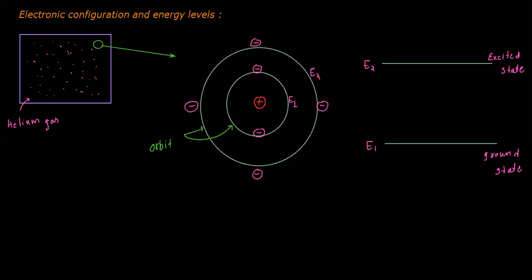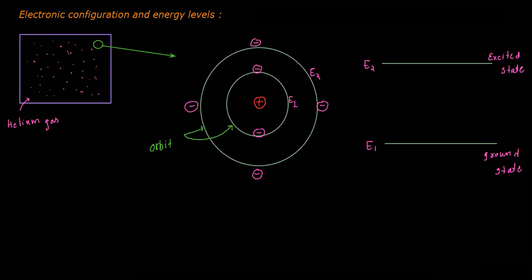Don't think that there is only one ground state and only one excited state. The thing you have to remember is the ground state is only one, very close to the nucleus, but there can be one, two, or maybe more excited states. We are going to see that when it comes in the theory. So this is an excited state.